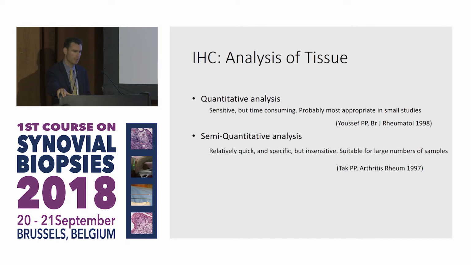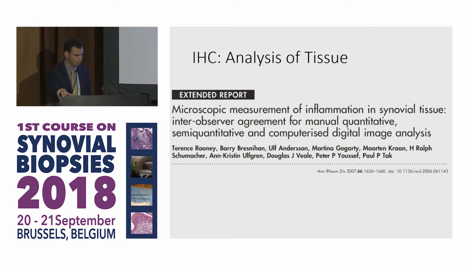A semi-quantitative analysis is used more widely, and that goes back to the 0 to 4 scoring system that I've explained on slides preceding this one. It's pretty quick and highly specific actually, but insensitive to small changes, and it's probably suitable for very large numbers of samples. And then computerized digital image analysis is increasingly becoming available to us.